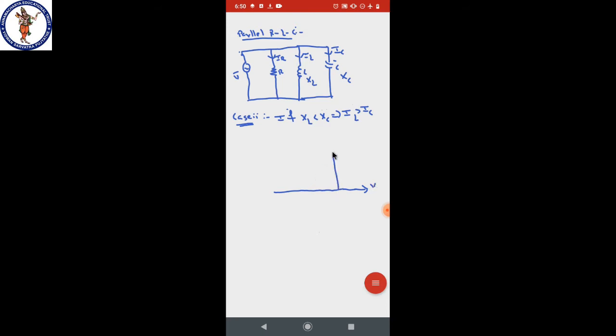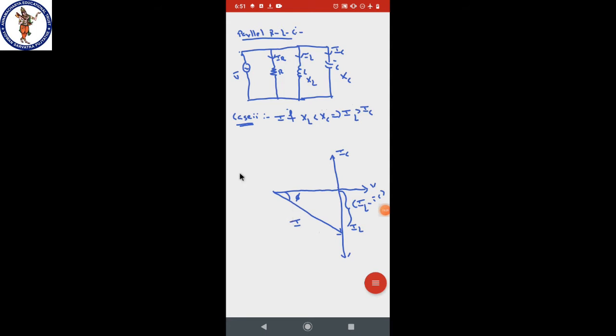Now this is the IC current. This is the IL current. This is the total current I, at angle phi. Here this means IL minus IC.